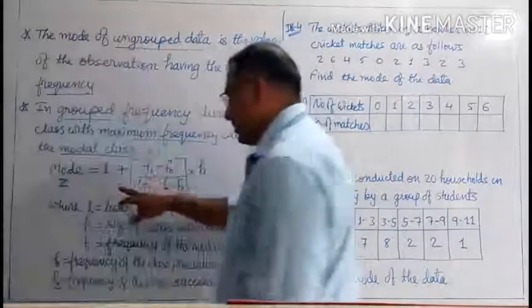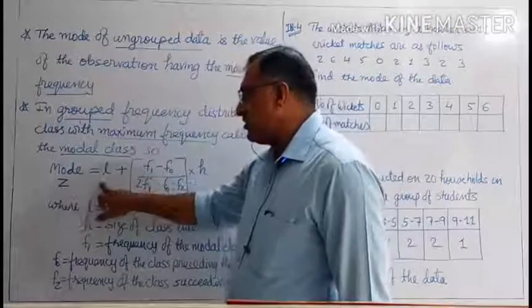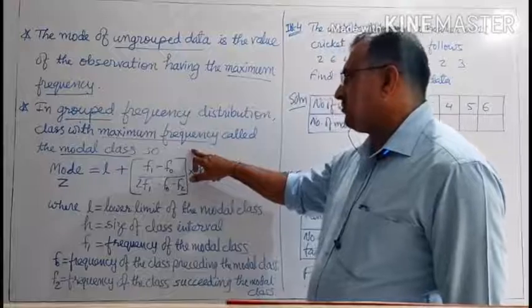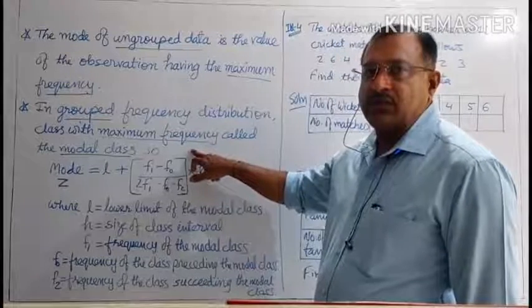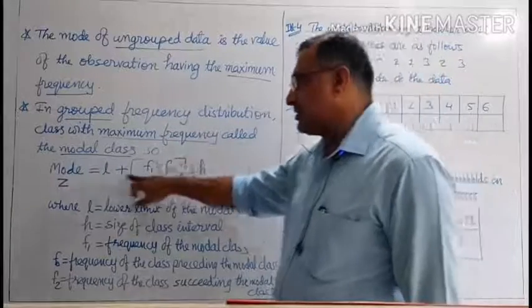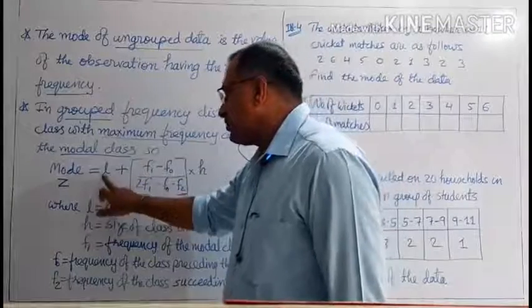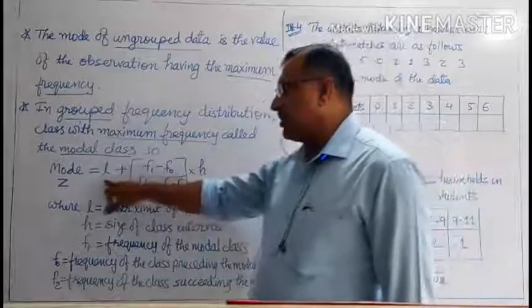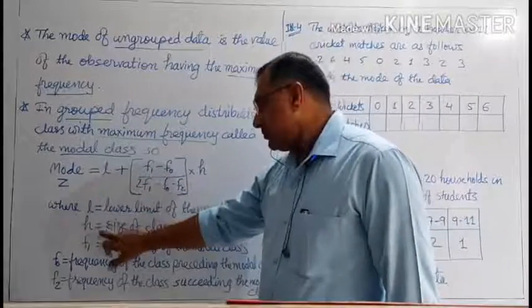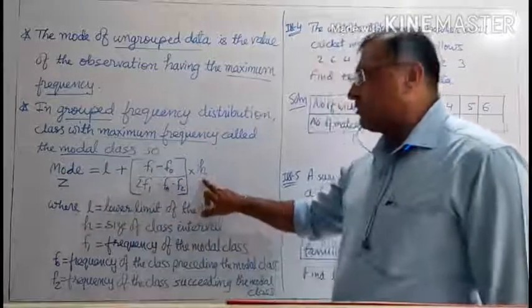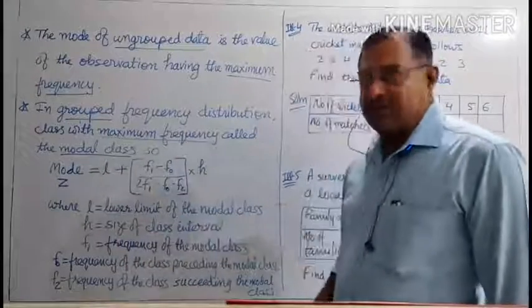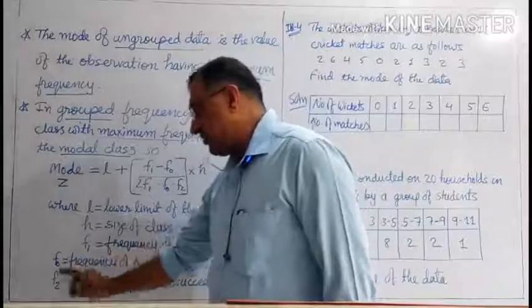So what are these? Mode is denoted by Z. The modal class we can decide from the maximum frequency; the class having maximum frequency is the modal class. From the modal class, the lower limit of the modal class is denoted as L. Then H is the width or the size of the class. Now what are F1, F0, F2?